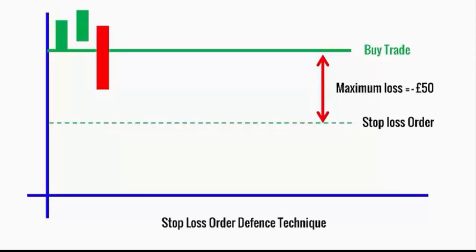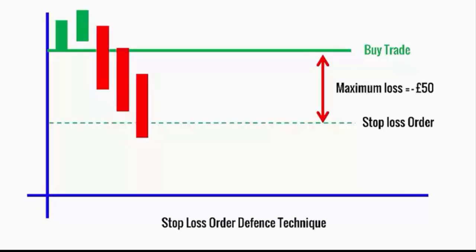Now, that's not triggering the stop-loss order. Things may turn round and go back up. We certainly hope that they do. However, if that doesn't happen, and the next candlesticks continue to take us down, it would trigger our stop-loss order. That would be the end of the game for this particular trade.